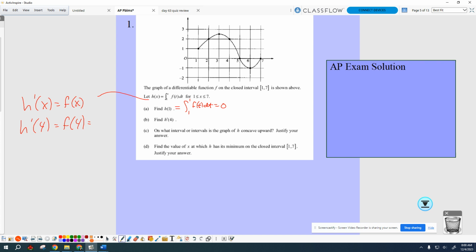So, first step, the derivative of the integral is f of x. I agree. And here is where we're doing chain rule. So the derivative of x was 1. So we did that there. Now, what is h prime of 4? Well, you're right that it's f of 4. F of 4 is 2. That's your answer.